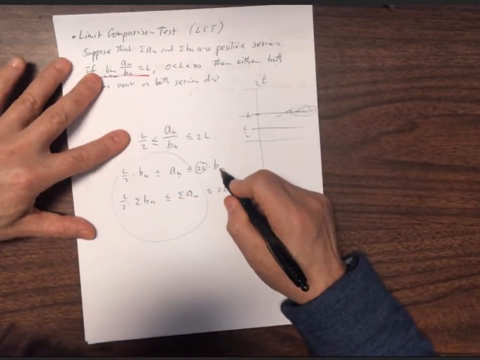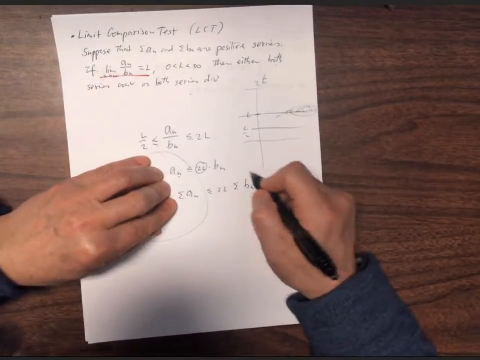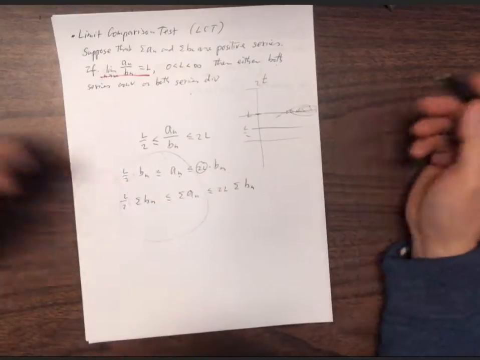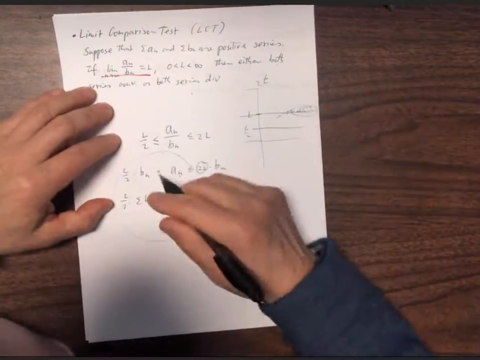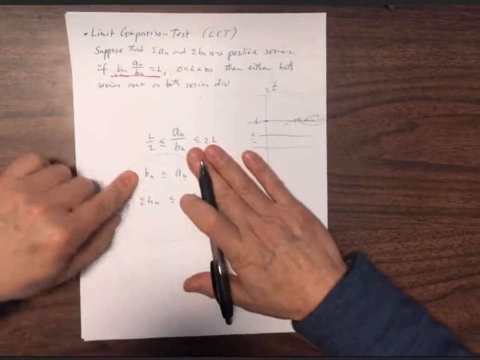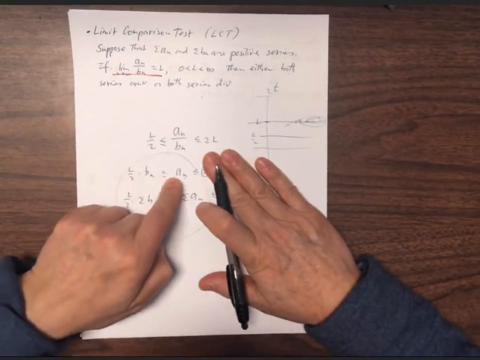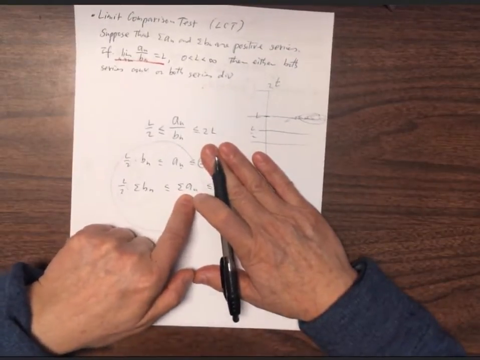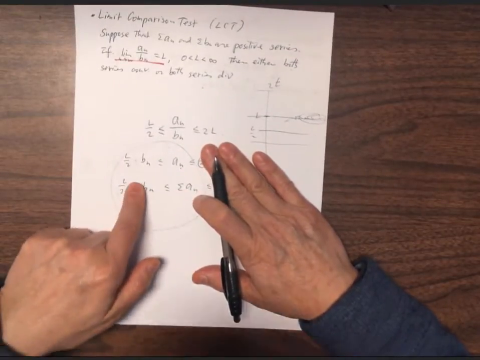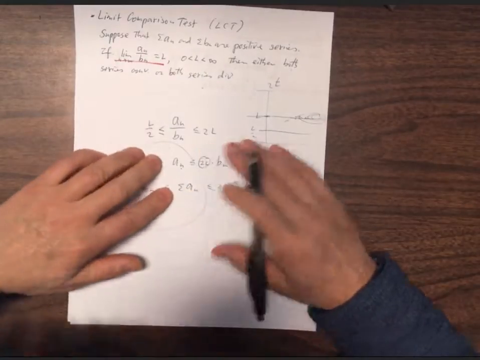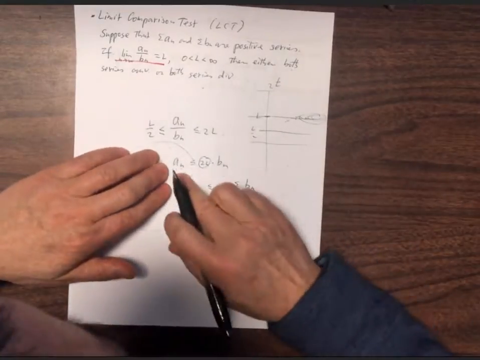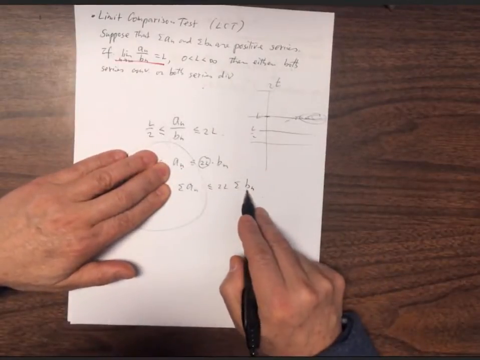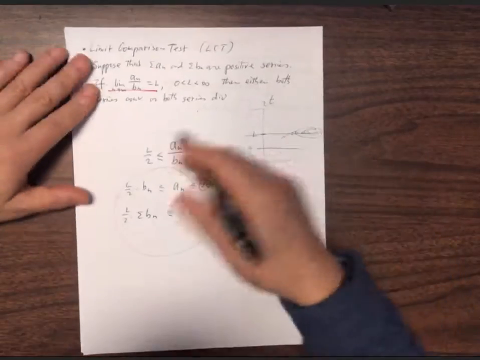If bn converges, from this part we can tell an will converge. Similarly, if bn diverges, we use this part: sigma is greater, right? So it will diverge too. If an diverges, we use this part to say sigma bn will diverge. So this is basically the proof.